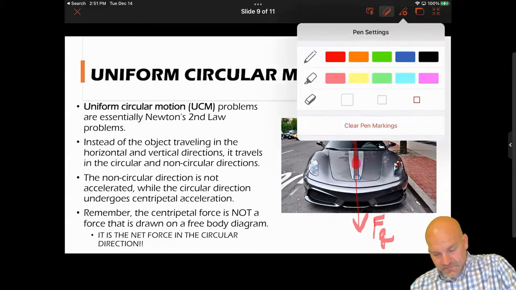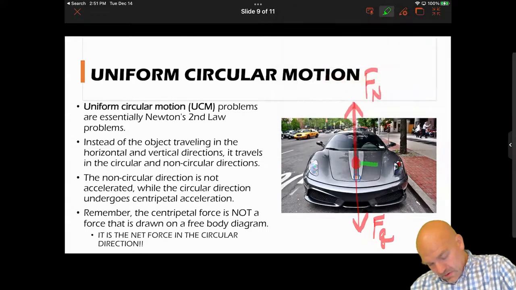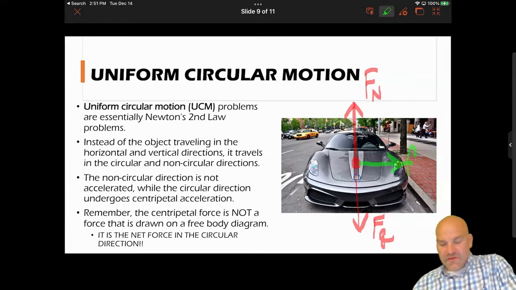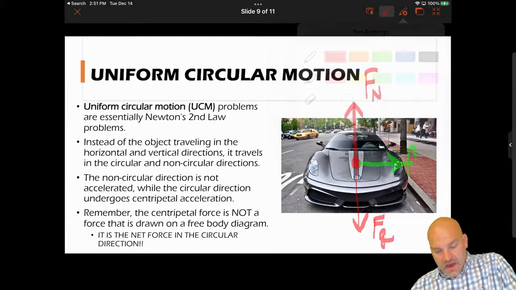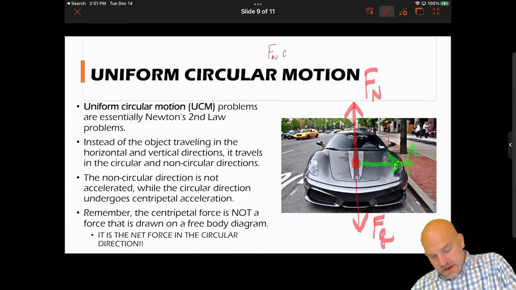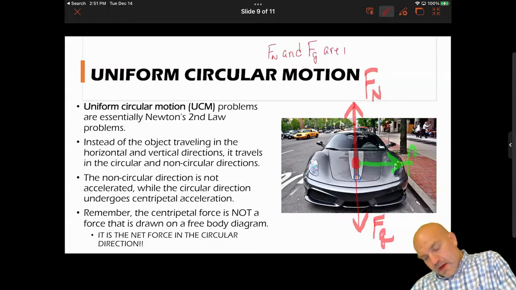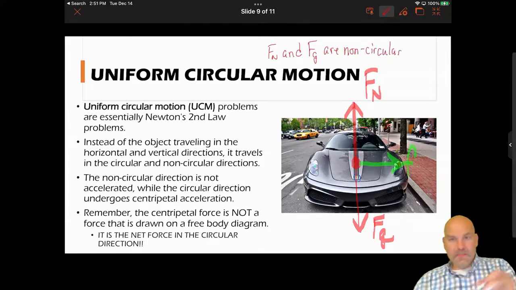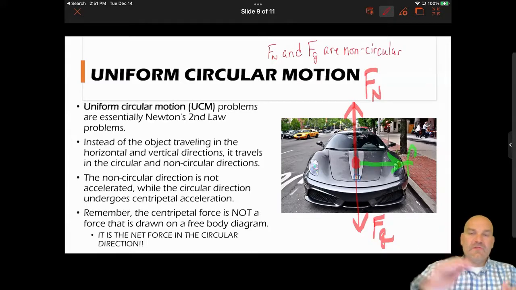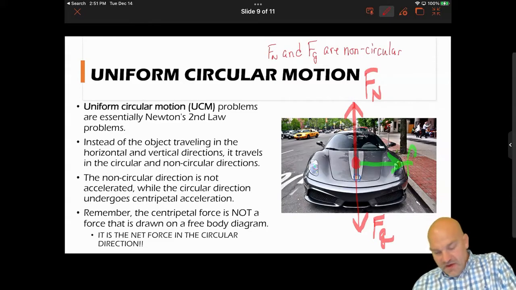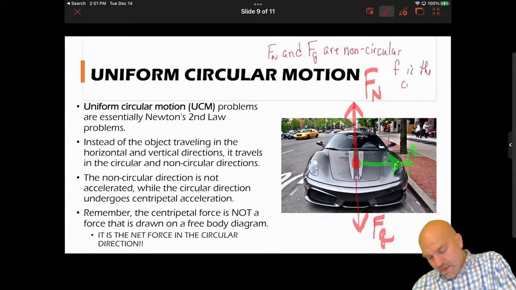All right, and so then we have this frictional force. So again, note, in this example of a car rounding a turn, Fn and Fg are non-circular, and friction is the circular direction.